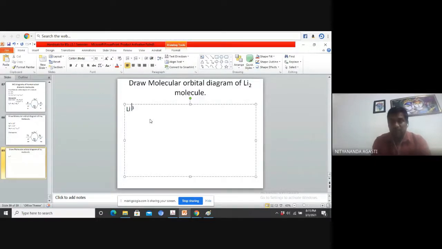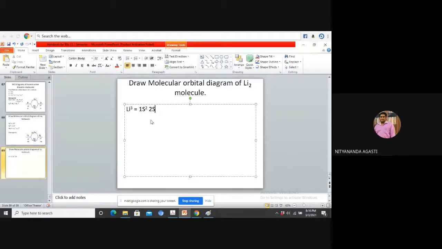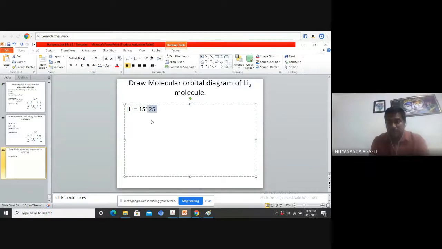Although we do not write electronic configuration like this, with 3 as superscript, just to avoid confusion we are doing it here: 1s2 and 2s1. And the same for another atom, you have to write its configuration. And we'll be writing the configuration for the Li2 molecule. Lithium 2, what will we be writing?